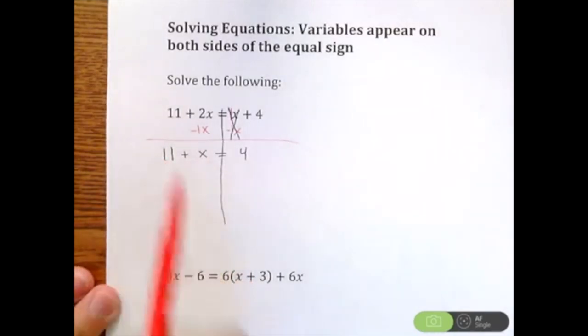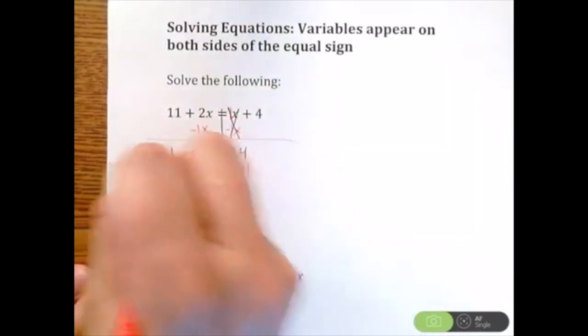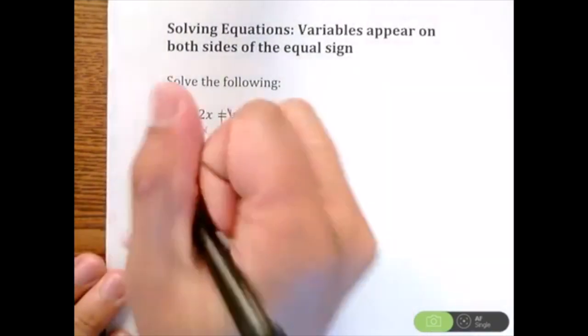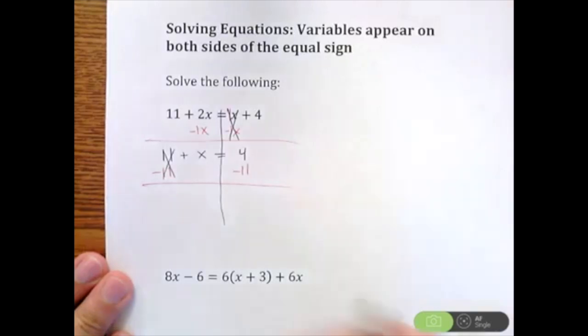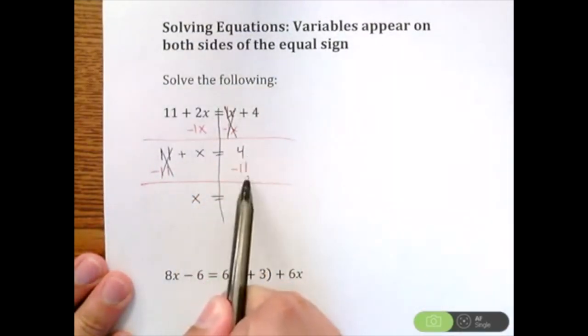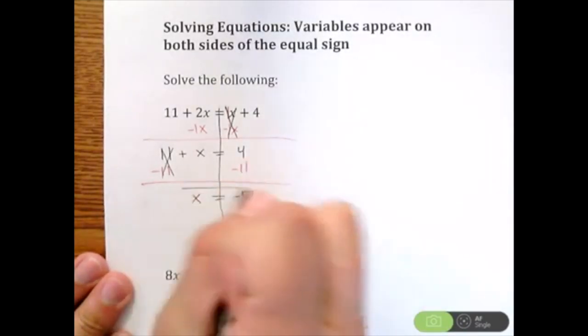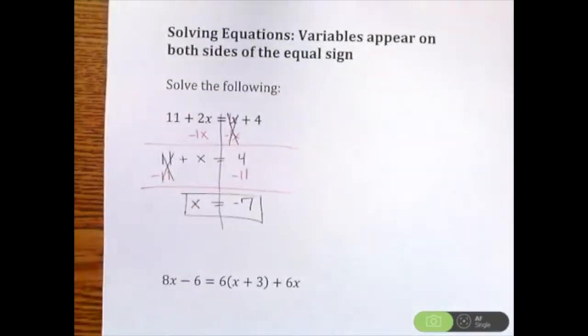So we have a positive 11 here, so I'm going to do minus 11 on both sides. The 11s are going to cancel over here. So I just have an x on the left side, and on the right side I have 4 minus 11, which is negative 7. So we get x equals negative 7.